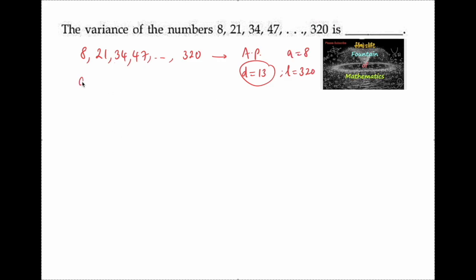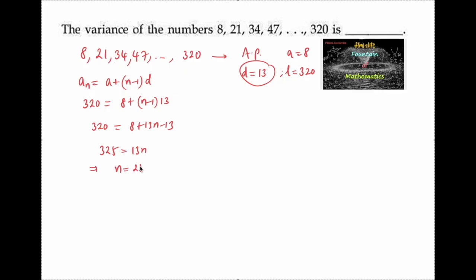So the general term is an equal to a plus n minus 1 into d. If I consider the last term, 320 is equal to 8 plus n minus 1 into 13. So we can write 320 is equal to 8 plus 13n minus 13. That is 325 is equal to 13n. So we can write n is equal to 25.